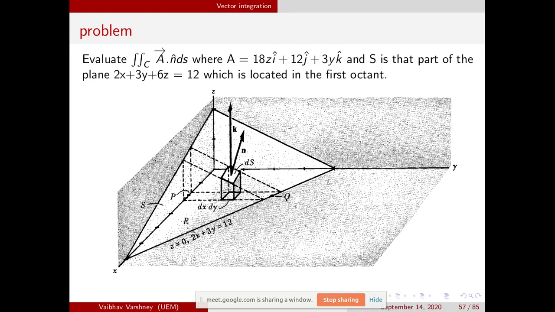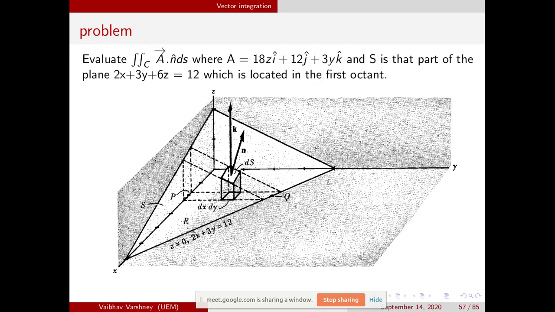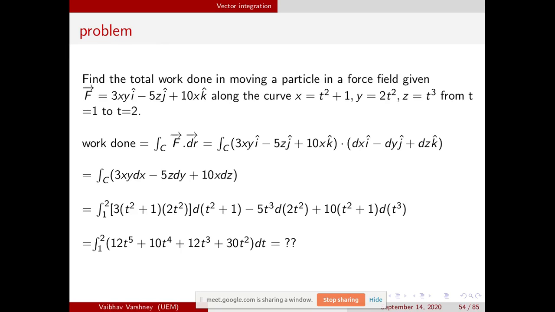See, in a line integral, we are moving on a line, you have only two directions, either you can go forward or backward. Right? So the integration will be in only one direction, either forward or backward. So whatever we are integrating in a line integral, there is only one limit.